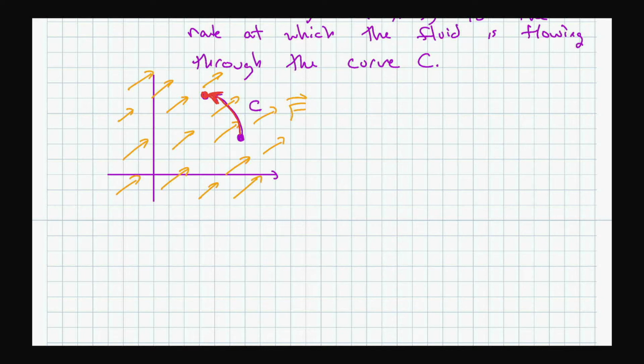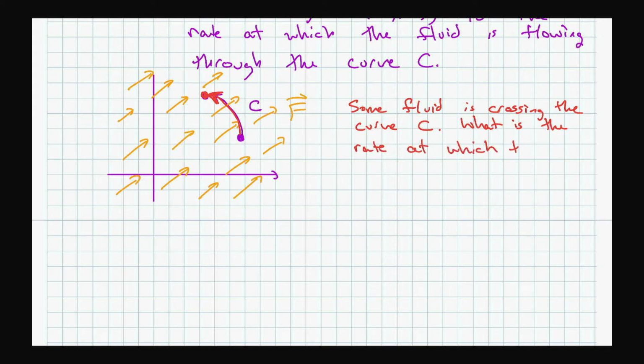How much of the fluid is going through that curve? That's what flux is. So some fluid is flowing straight through, crossing the curve C. What's the rate at which the fluid is moving through C?